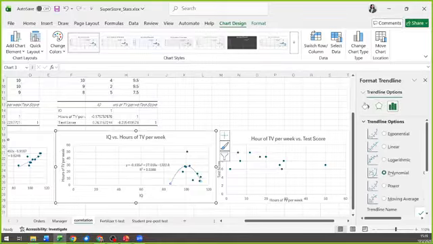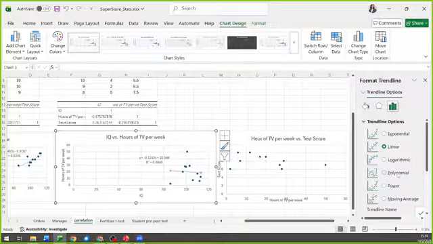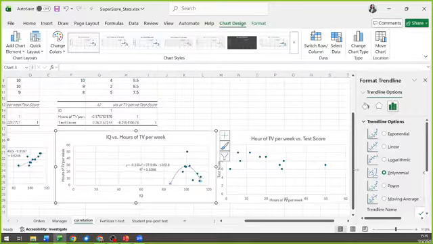Okay, this looks like polynomial to me. Okay, logarithmic. This looks okay. Linear, exponential. Okay, so it looks to me that polynomial does make sense, because with 2 degrees of polynomial, we have x squared plus x.